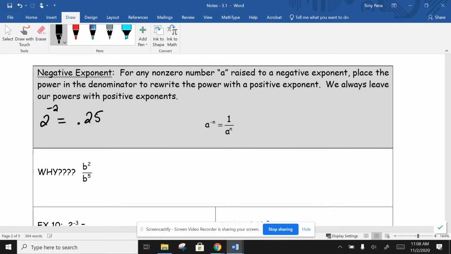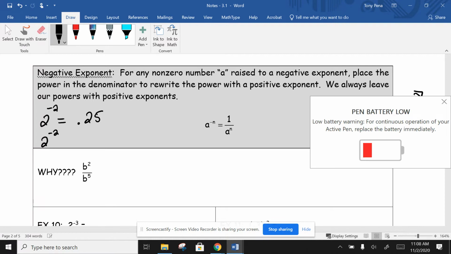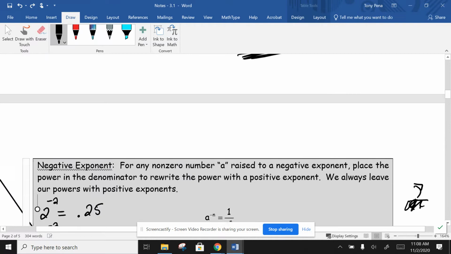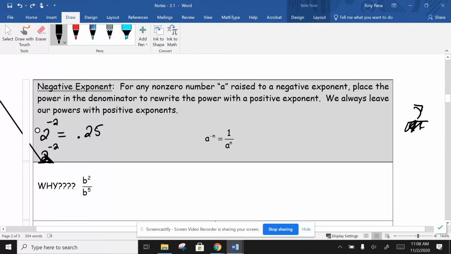This rule is saying if I have 2 to a negative 2, it's kind of like a 7. If I give you 7, would we all agree there actually is a denominator of 1 that we don't write? It's sort of silly to write that. It's the same here. This does have a denominator of 1.